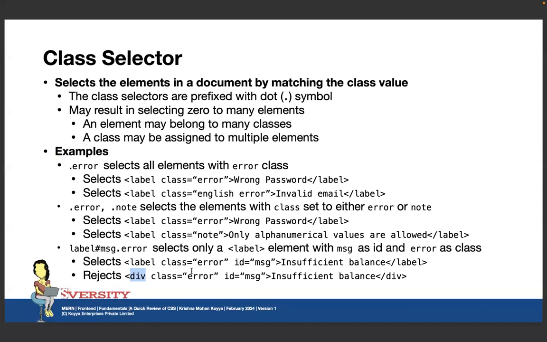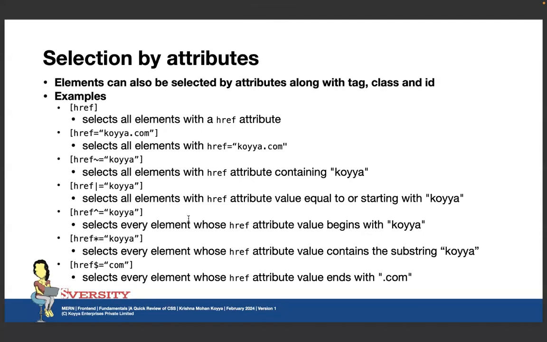You can also select elements using attributes. If I just write something within square brackets, it means select all the elements where href is one of its attributes. Whereas here, href is an attribute with a given value. Here, href is an attribute and its value contains this text. Here you see that pipe symbol.